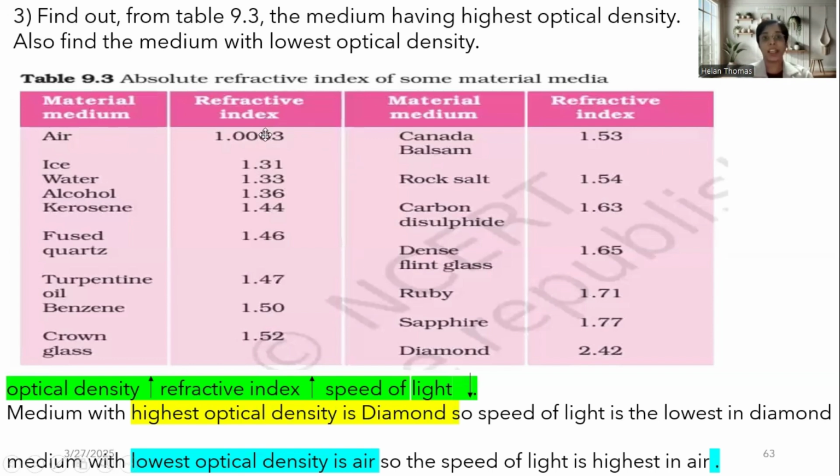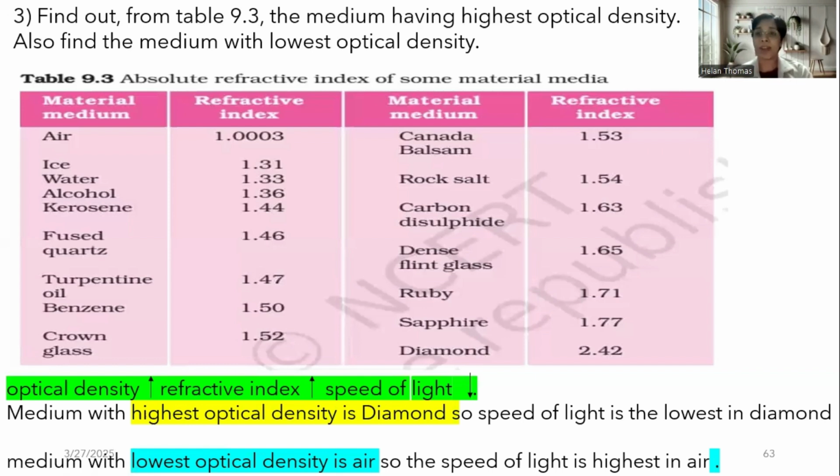So in a way, you are trying to say the speed of light in air is the highest. We know the speed of light in vacuum is 3 into 10 raised to 8 meters per second. That is, the light travels a distance of 3 into 10 raised to 8 meters in 1 second. So the time is a constant there.